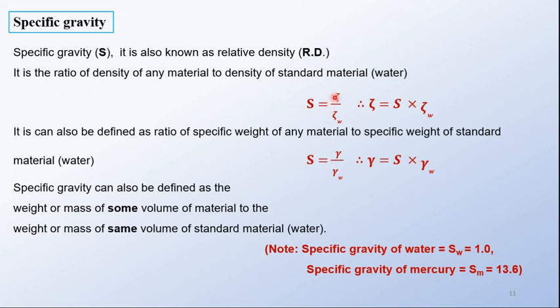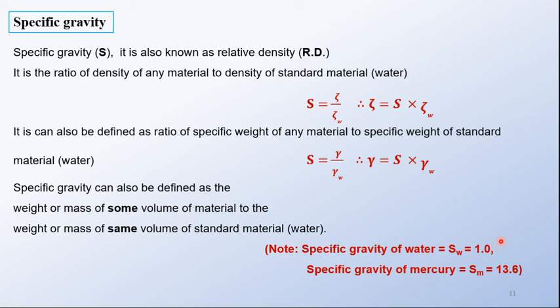In these two definitions, we have 1 meter cube. Here also 1 meter cube. 1 meter cube of water, 1 meter cube of material. Here also per meter cube, per meter cube. Now note down that the specific gravity of water is SW, which is equal to 1.0.